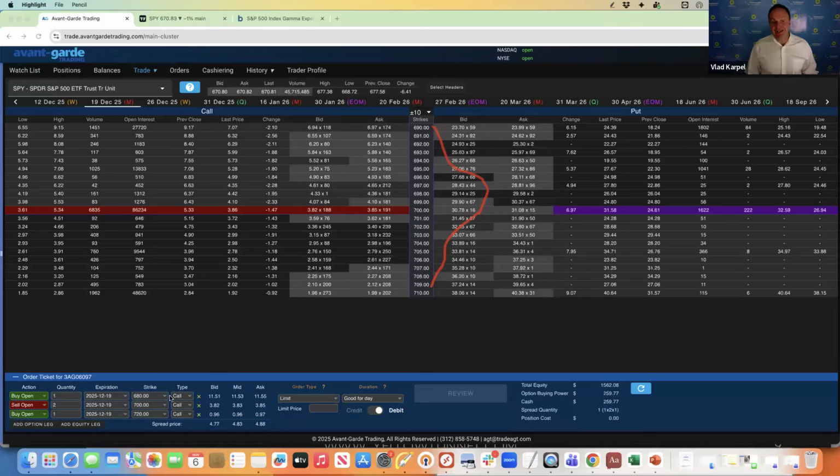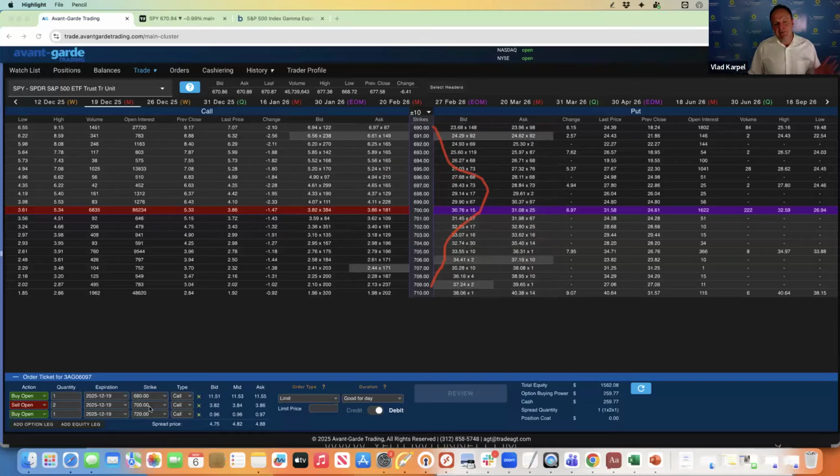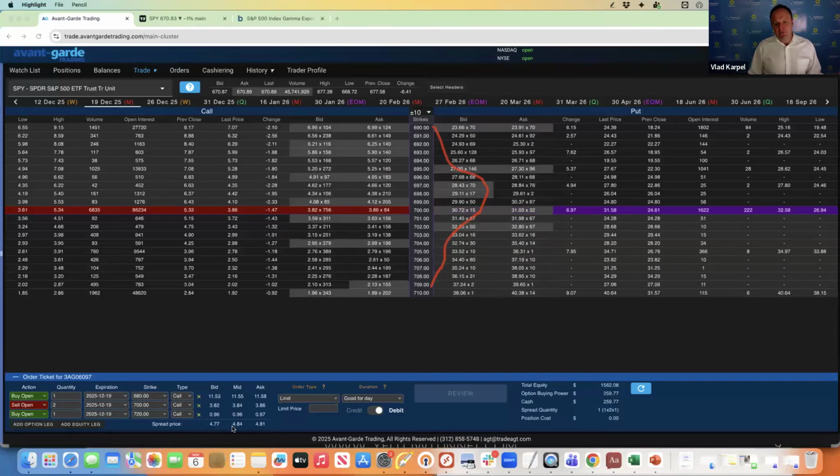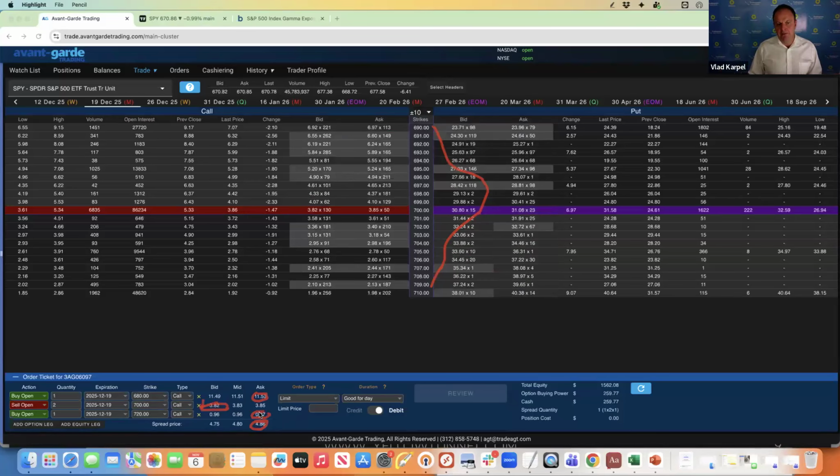So then I select 680. If I think we're actually going to be somewhere between 680, 700 and 720, then this is the premium that I'm paying. It's a debit strategy. I'm going to pay 486. It tells you what the natural ask of this butterfly is: you buy one at the ask, you sell two at the bid, and you buy one at the ask.